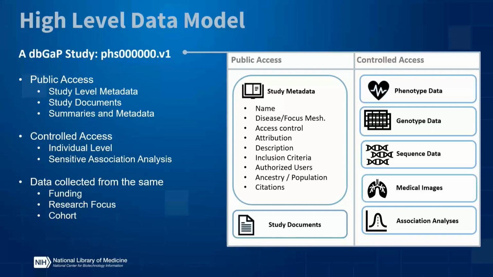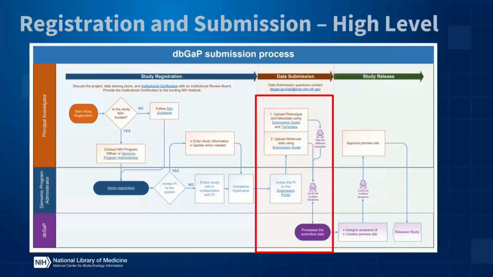That's loosely defined. Today, we do want to talk about some of the improvements we've made to the data submission part of our process. As many of you may know, and for those who don't, there's a study registration step involved with dbGaP, and that's because we have the controlled access data.